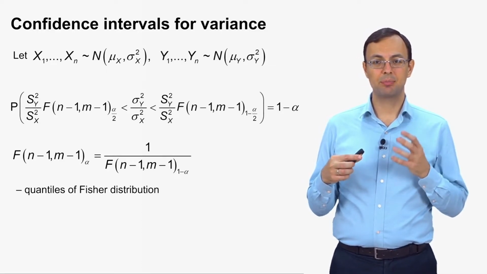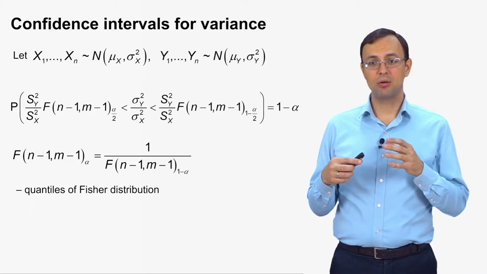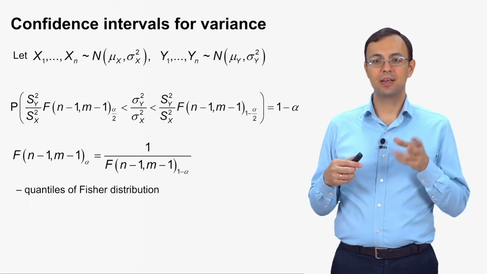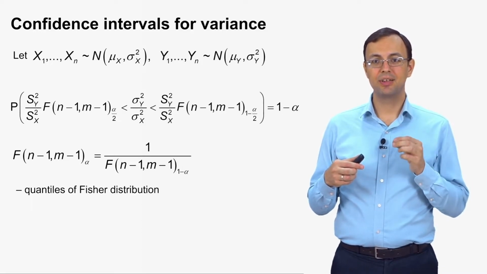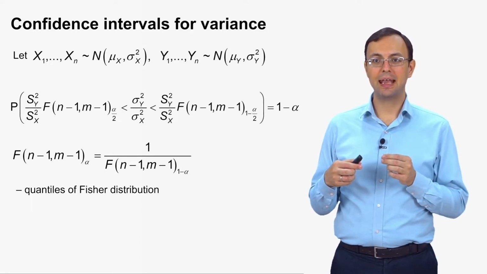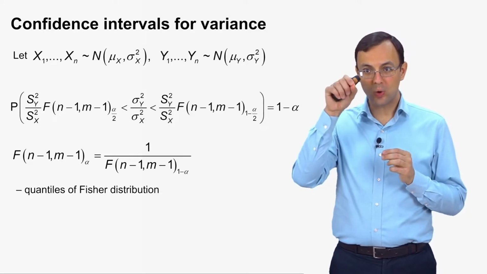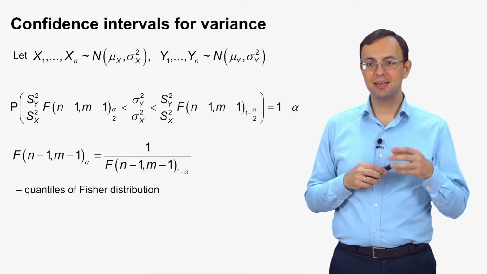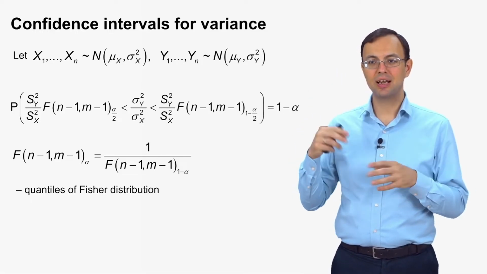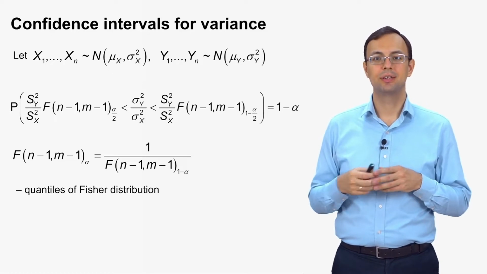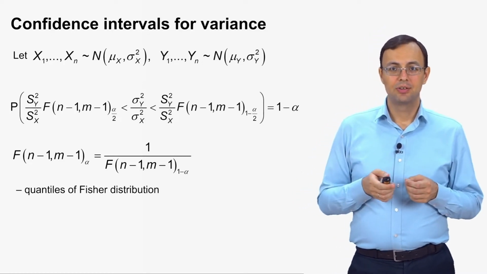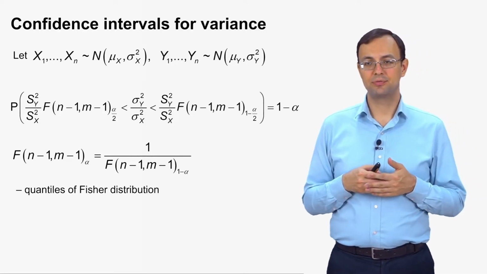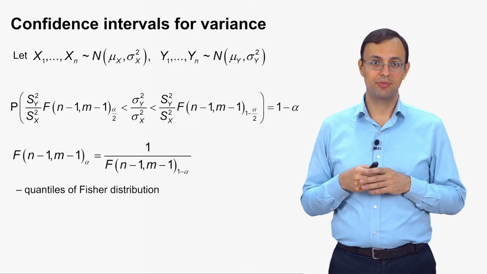For example, if you need the quantile of the Fisher distribution of the level 0.99, you are to find the quantile of the level 0.01, and divide 1 by this quantile. So the quantile of the level 0.99 is 1 divided by the quantile of the level 0.01 and vice versa. That is how you can find quantiles for the right endpoint of this confidence interval.